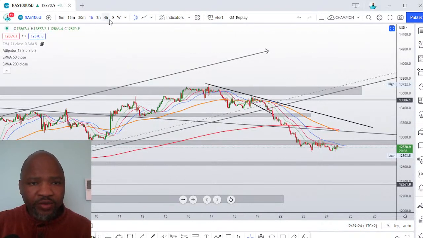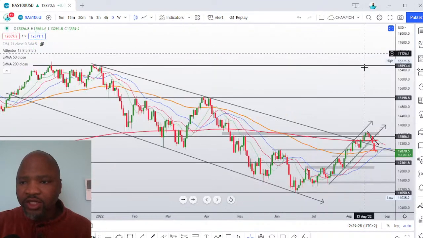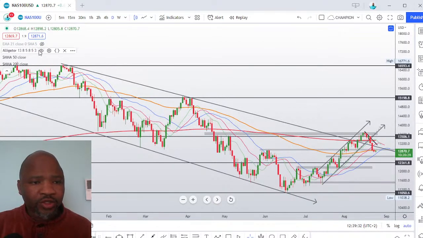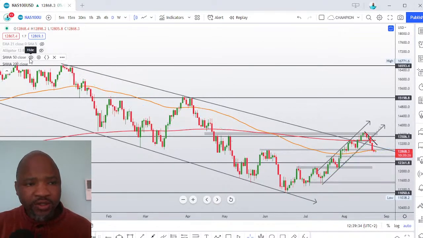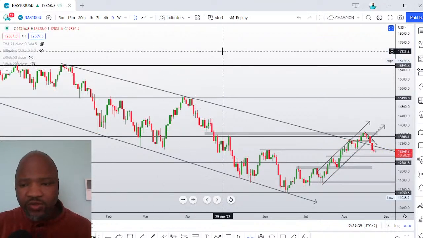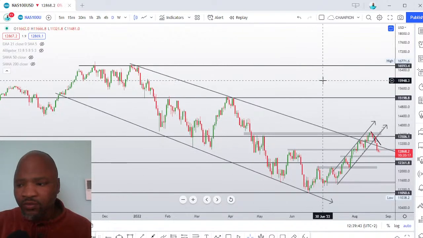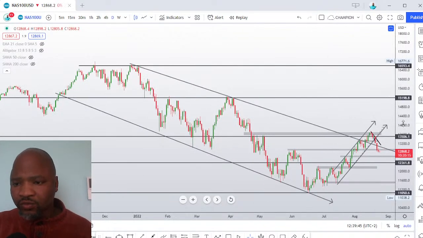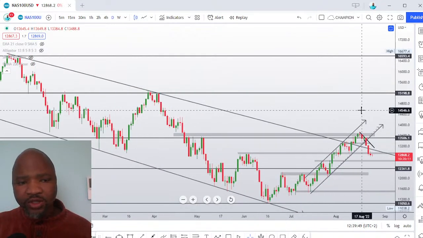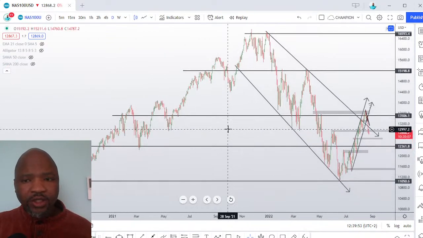Let's go to our daily time frame. This is our daily analysis live stream now. I'm going to try to close all these signals. Let's rather use just the drawings and leave the indicators.